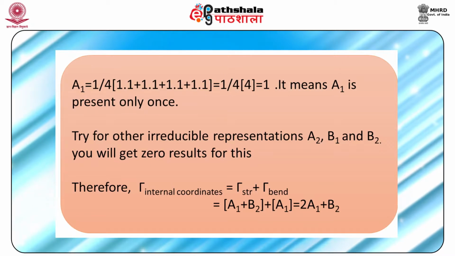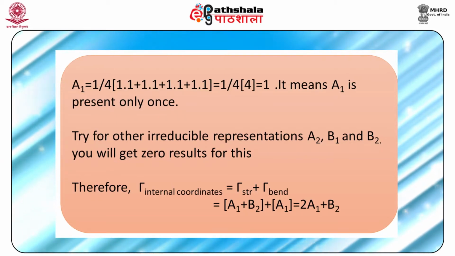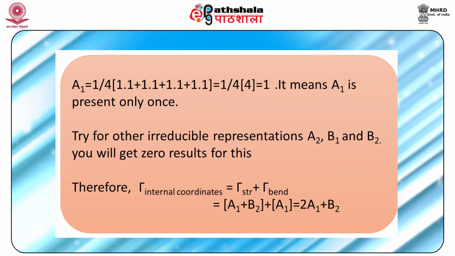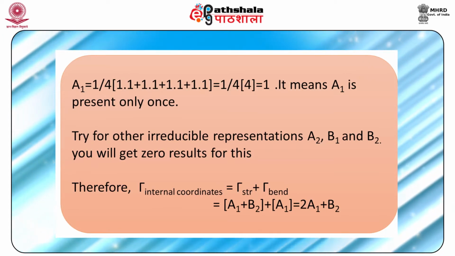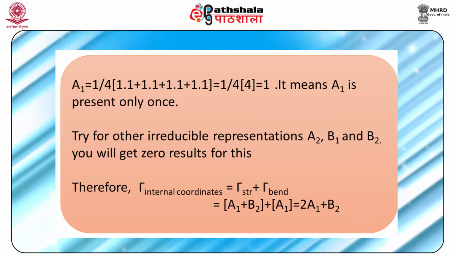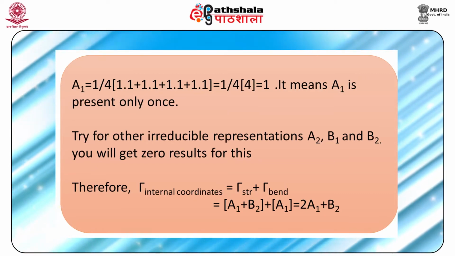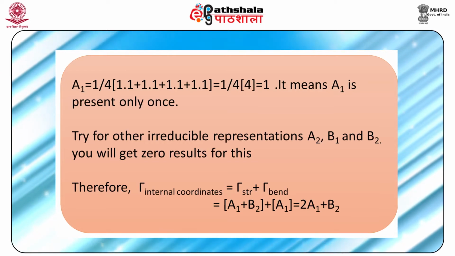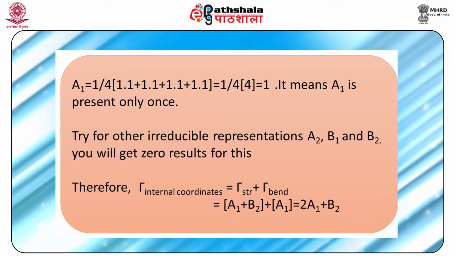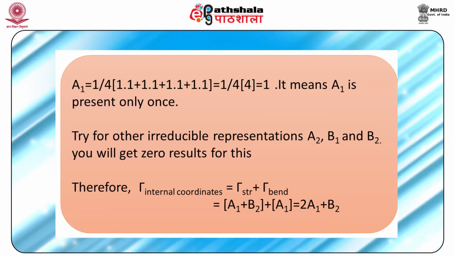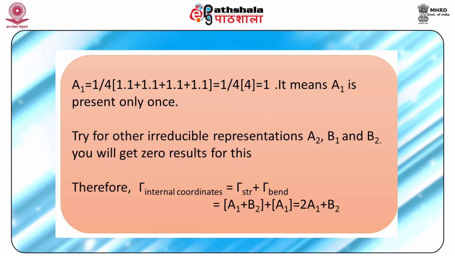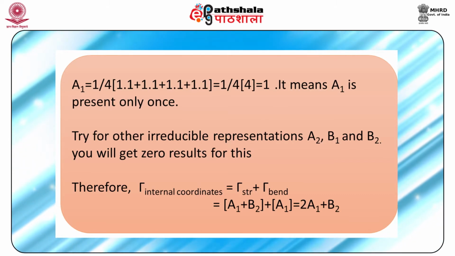Therefore, tau internal coordinates, meaning I am using bond stretching and bond bending, is equal to tau stretch plus tau bending. Tau stretch is A1 plus B2, plus A1 for bending. It comes out to be 2A1 plus B2.